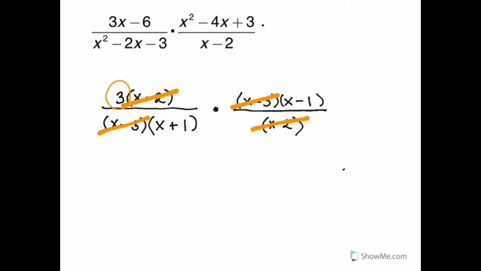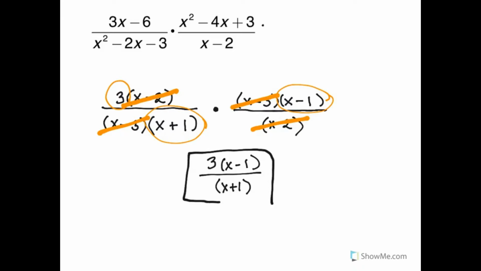So when I simplify, I have the 3 and the x minus 1 on the top, and I have the x plus 1 on the bottom. So the multiplication simplifies to 3 times x minus 1 over x plus 1.